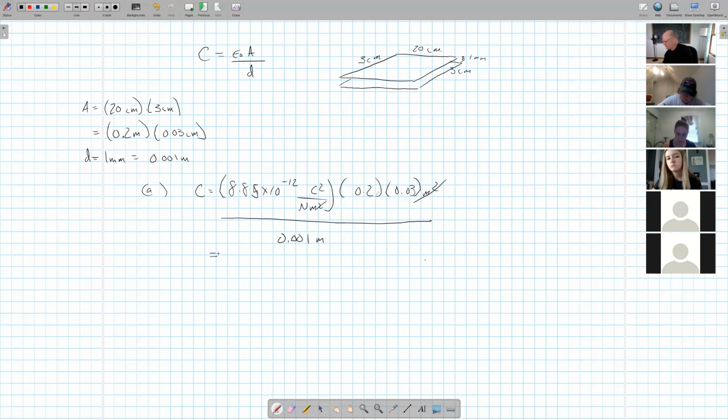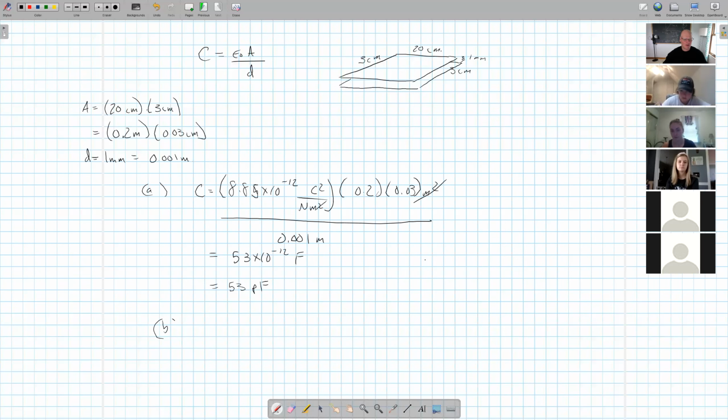Plug in our numbers, and we find that this has a capacitance of 53 times 10 to the minus 12 farads, which is the same thing as 53 picofarads. Okay, so pico is minus 12. Not too bad, right?